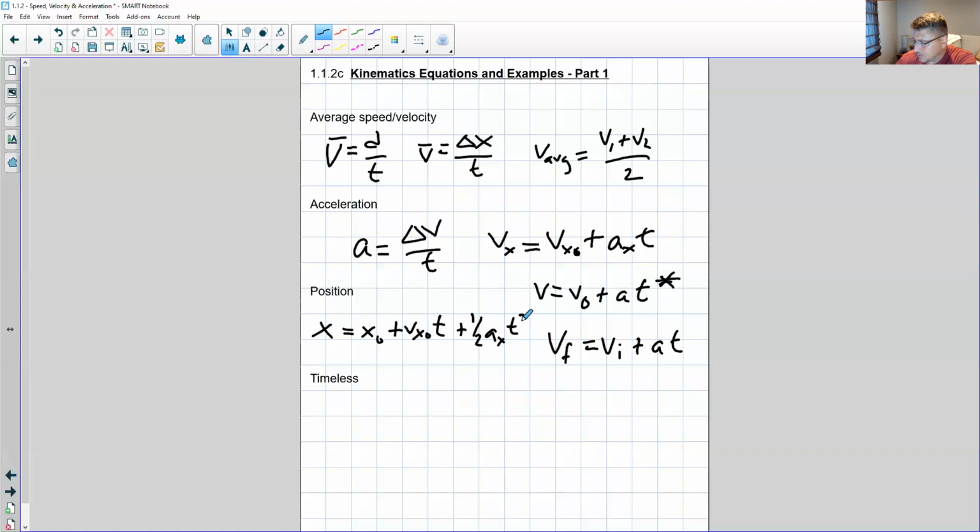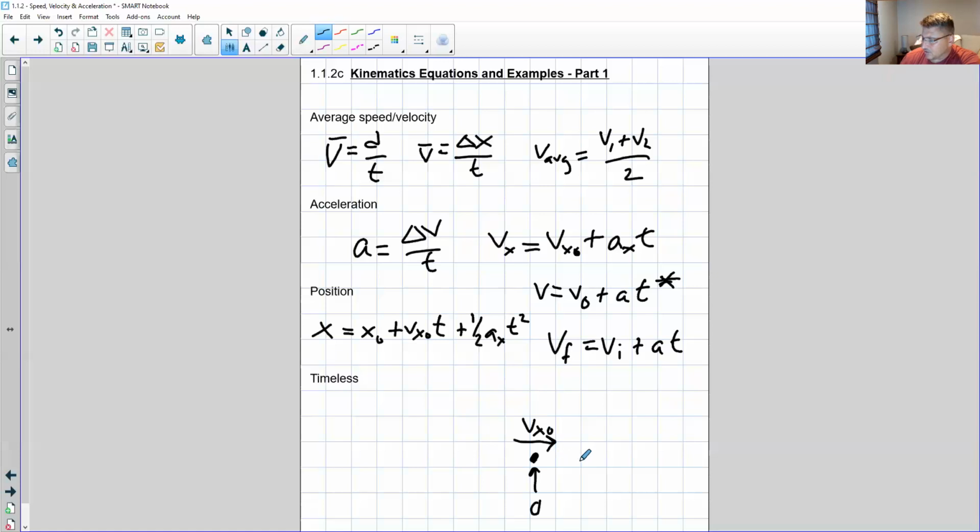Okay, so notice, let's say you have some object that's at some position here, and it doesn't move at all. So its initial position and final position will be exactly the same. Now let's say its initial position is here, and it's initially moving this way with some Vx naught.